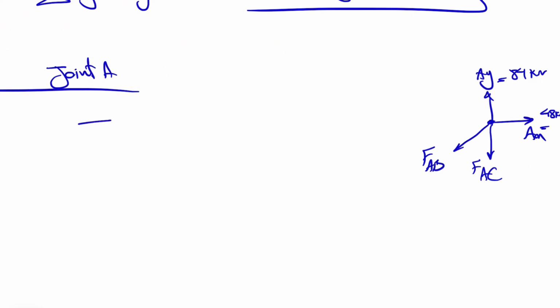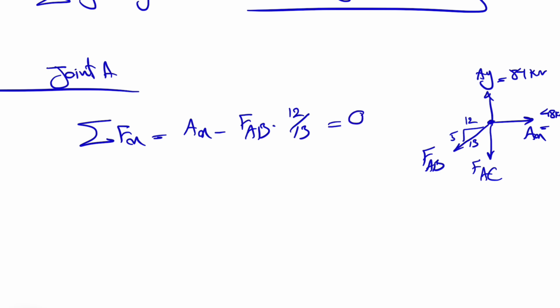So let's do sum of all forces in X direction for this joint. So we have AX minus FAB. And what we figured out for FAB was this was 5, 12, 13. So times 12 over 13 is going to give us the horizontal component is equal to 0.